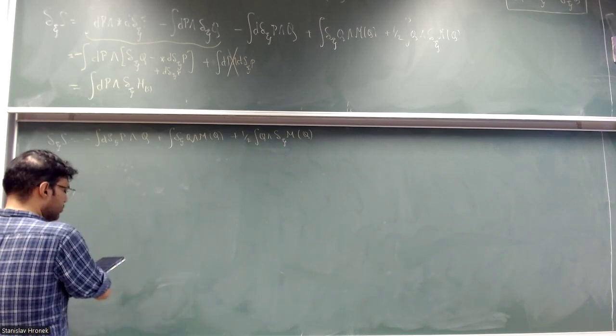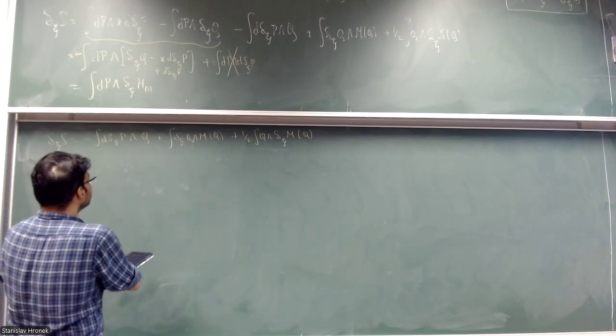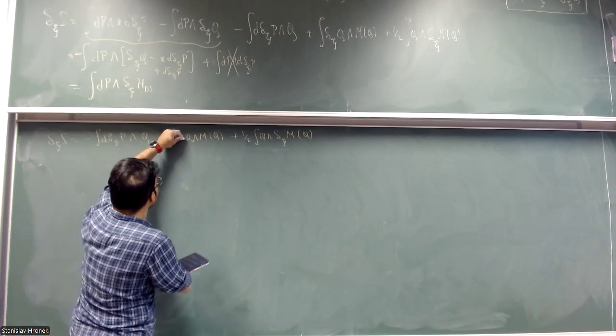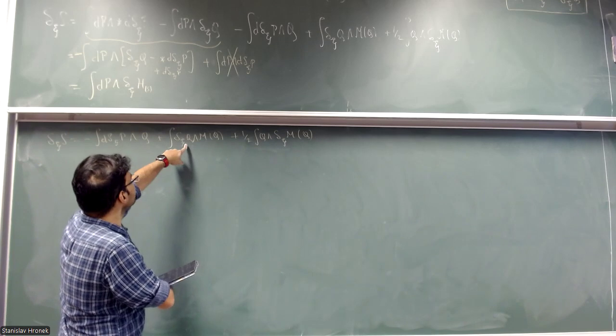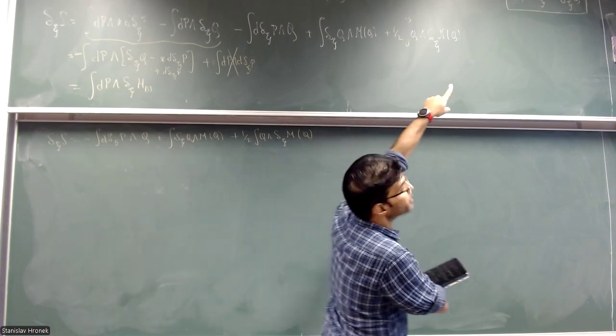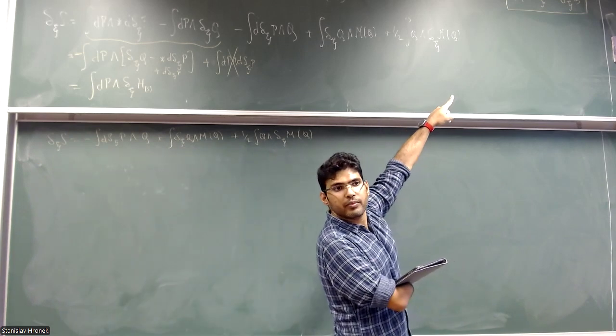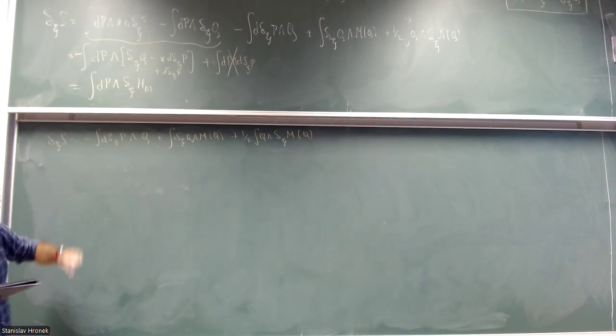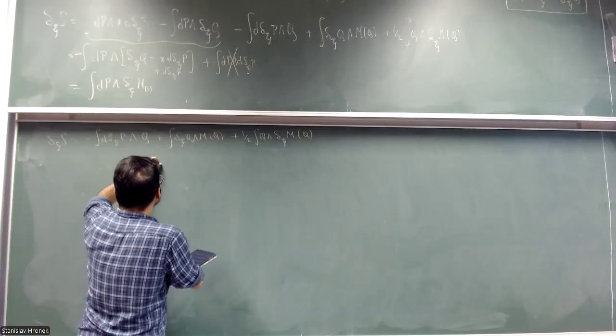We are going to simplify this a bit. First and foremost, we are going to make use of the fact that delta psi q is that, because we have already used that to set something to 0. So it makes sense to replace this.